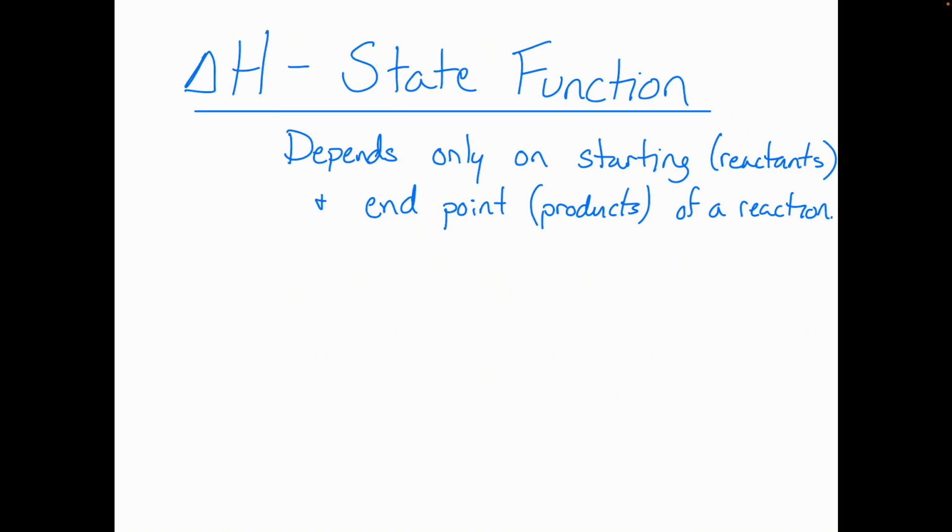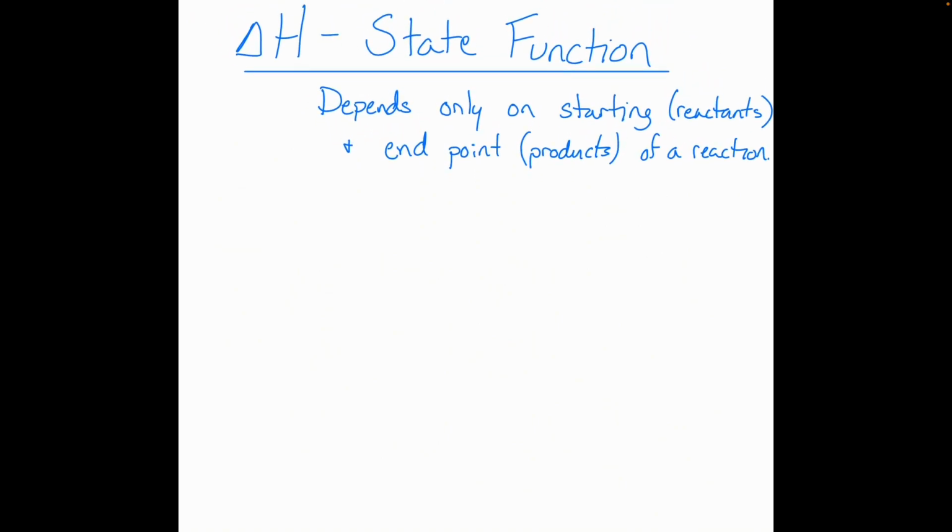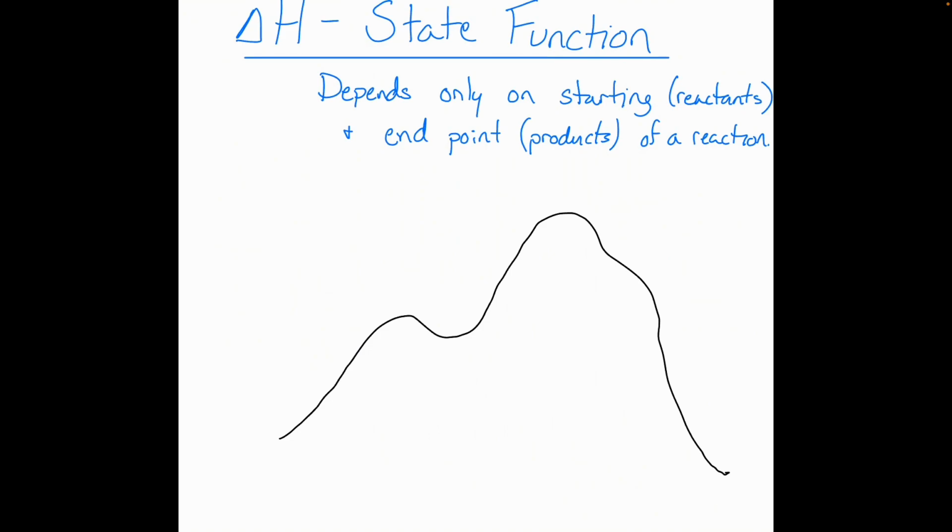All right, so a better example of this is taking some physics quantities, because with these chemical reactions and energy, it's hard to picture, but let's imagine that we have this mountain range here. All right, and we got two hikers. We got the red hiker and the green hiker.